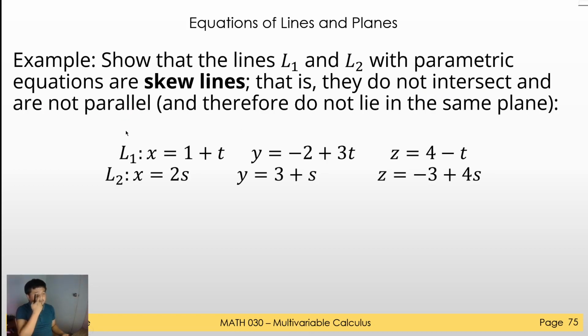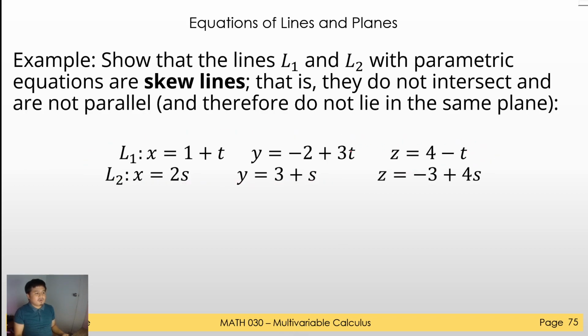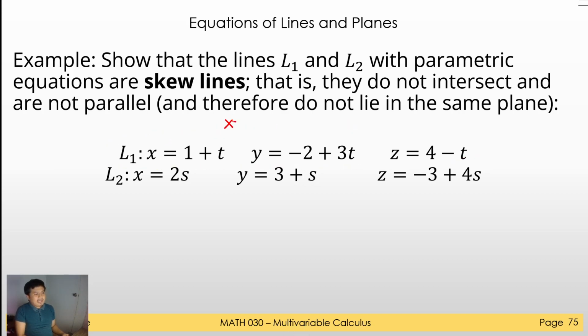So how do we identify if they are parallel or not? Okay, so what can we extract from this information? For L1, if you can remember, we have x is equal to x sub 0 plus at, and then y sub 0 plus bt, and then z sub 0 plus ct.